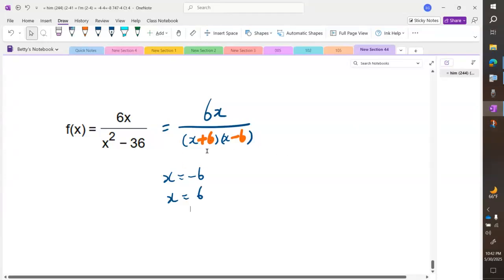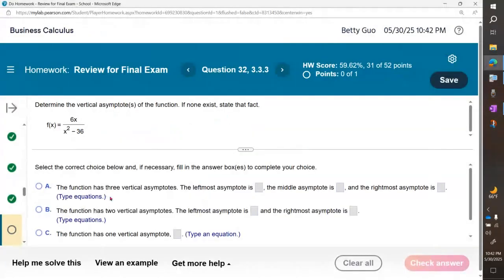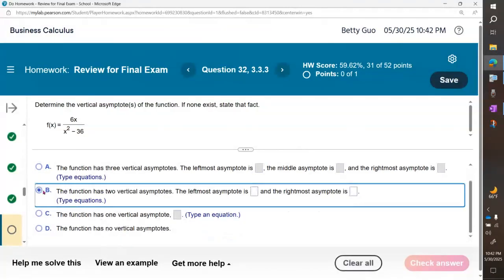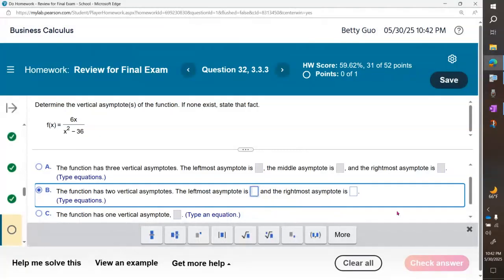Because when x approaches -6, the y value approaches infinity. Same with this one. Two vertical asymptotes. 3, 2, 1, none. So second. The leftmost asymptote is x equals -6.